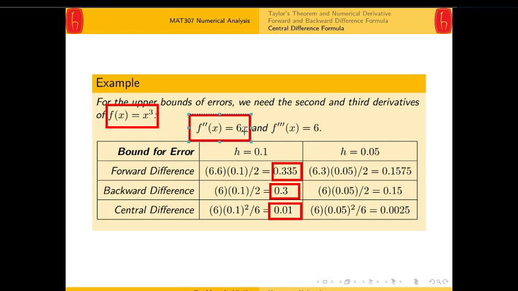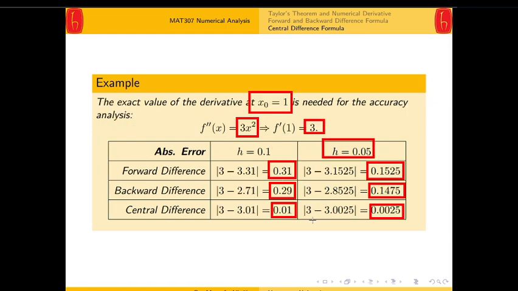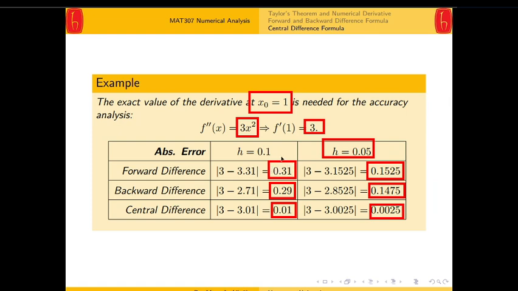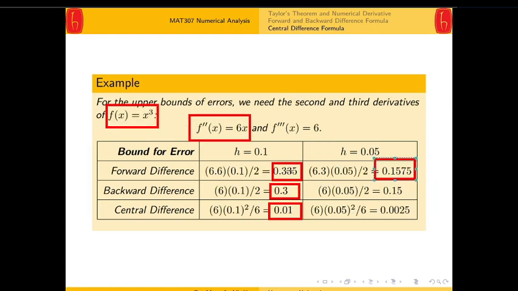If we substitute 1.05 here, the maximum value will be 6.3, and 6.3 times h divided by 2 will give us an upper bound for the error. Okay, these are the upper bounds for the errors, and these are the errors. If we compare these errors with the upper bounds, we need to observe that the errors are less than or equal to the upper bounds. So this is what we expect.